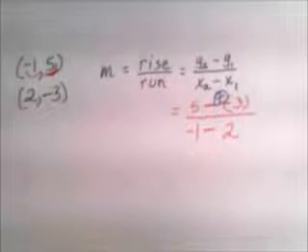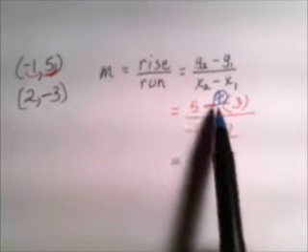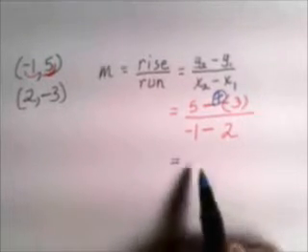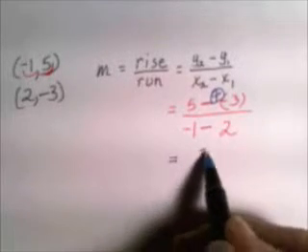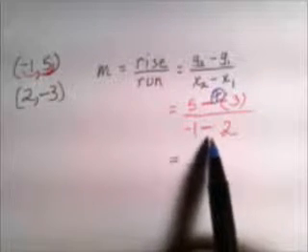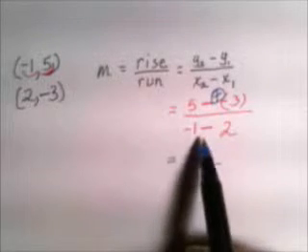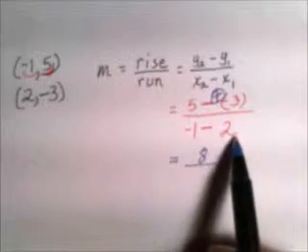Okay, then we're looking here at our rise values on the top. So we've got 5 plus 3, well, that will be 8. And negative 1 minus 2. Now those, we do not have a minus and negative right next to each other. This is saying negative 1 subtract 2.